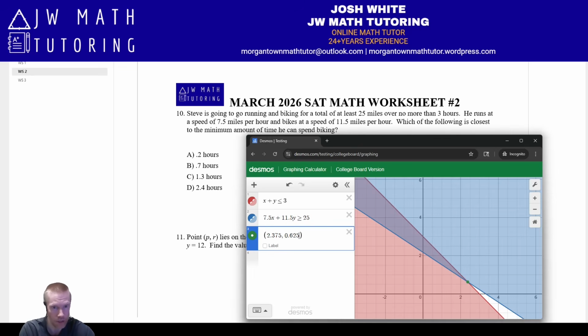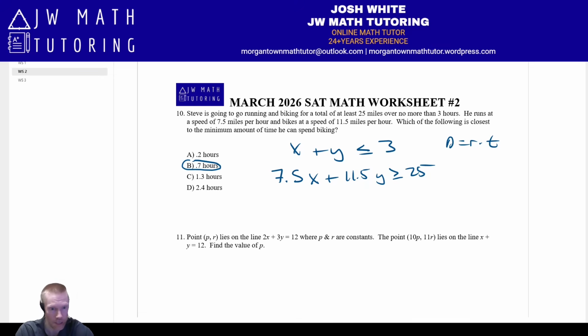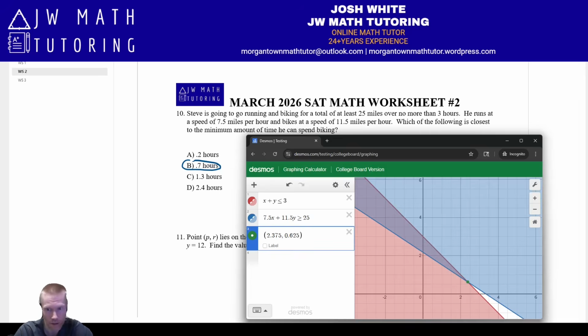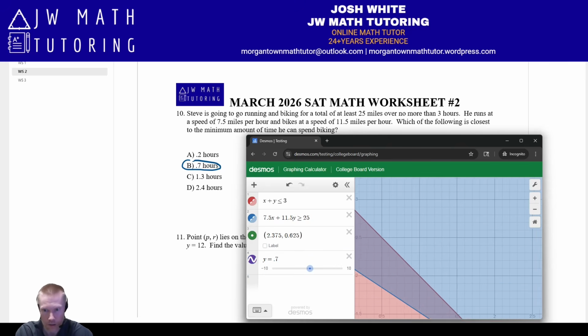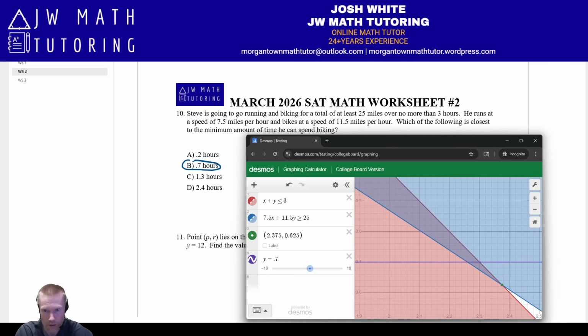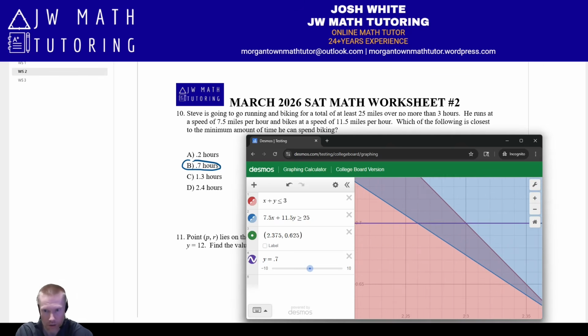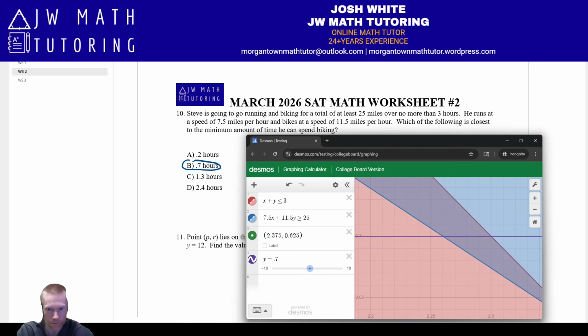Well, it's going to be letter B. Now, technically, 0.7 is greater than 0.625, but that's fine because notice if I set a line here, any of these points in here where the y coordinate is 0.7 fall within the solution set, meaning that it's less than 3 total hours, but it's at least 25 total miles completed.